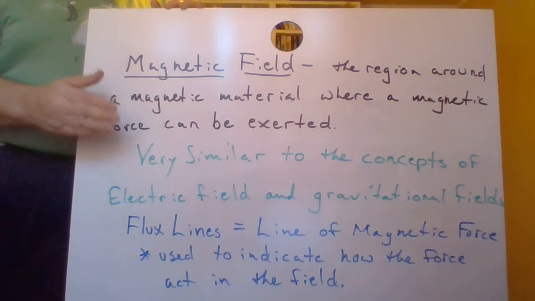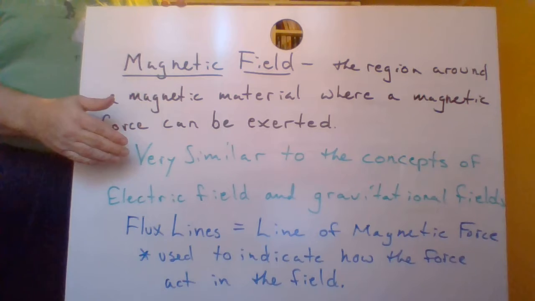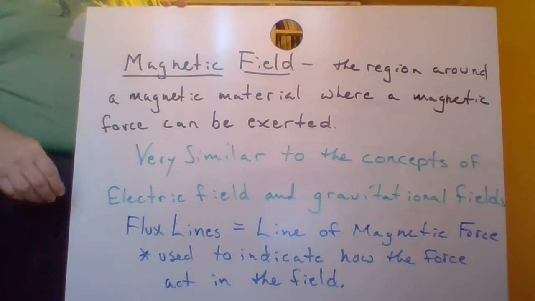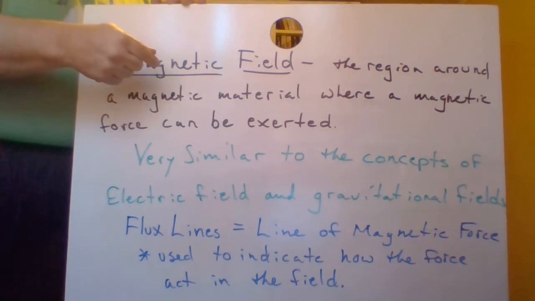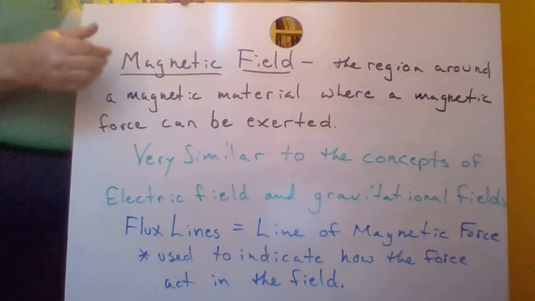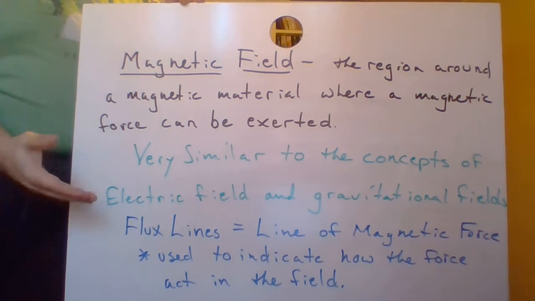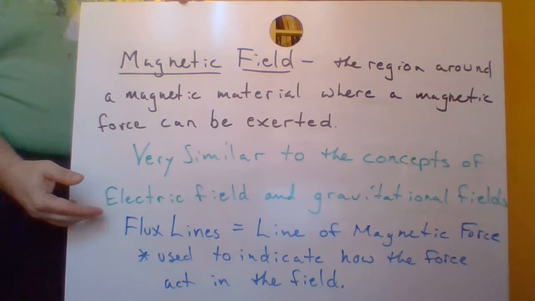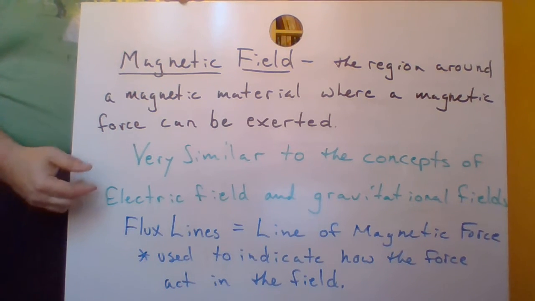So in a lot of ways, this is very similar to what we use to describe the electric field and the gravitational field. Now, with the electric field, we talked about electric field lines or lines of electric force. With magnetism, we talk about flux lines or lines of magnetic force.